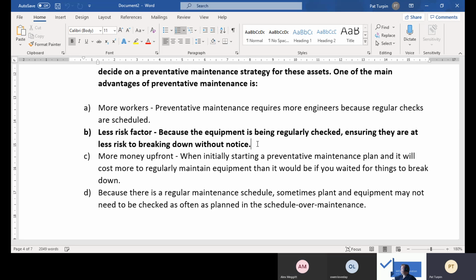You check the coolant for him, check the oils, check everything's in place. It's preventative. And it'll give you a list of things that you're supposed to do. And hopefully in that 3-month period, nothing will have happened. You won't have had a breakdown. If there is anything that needs replacing, you'll be able to see it. And basically, there's less risk factor.